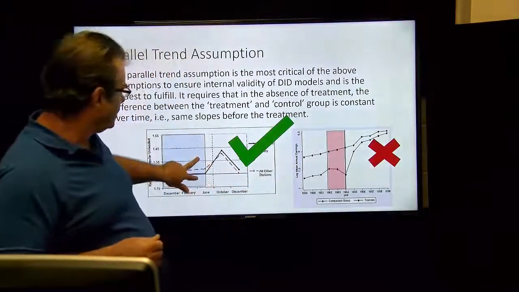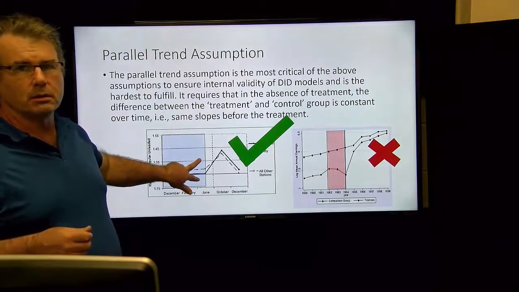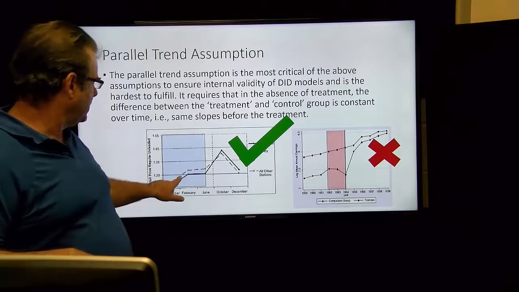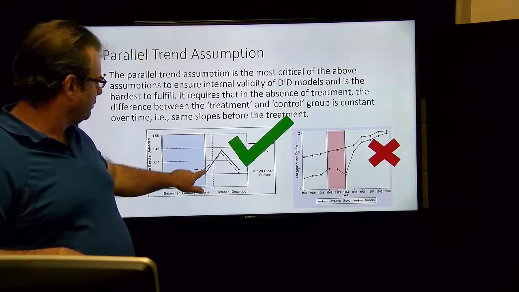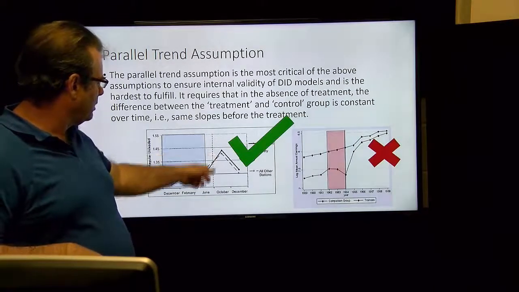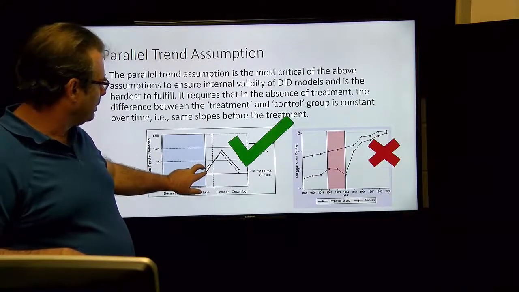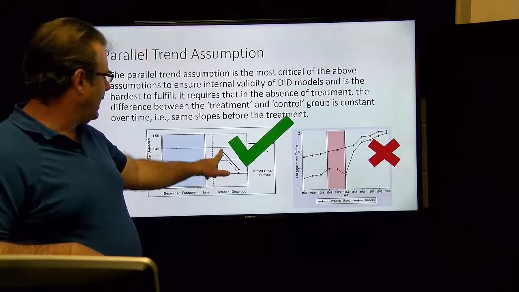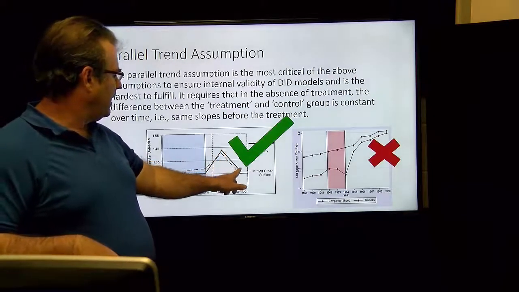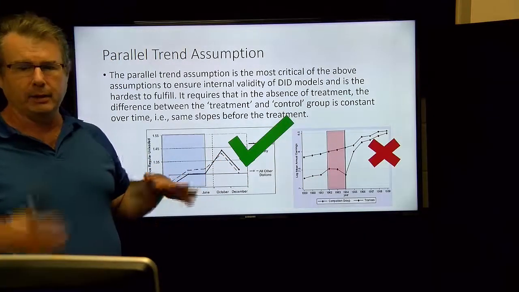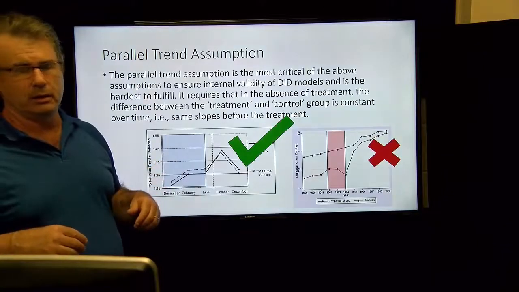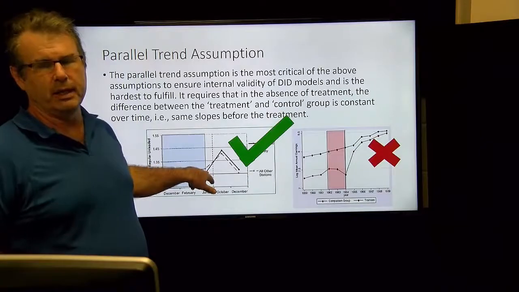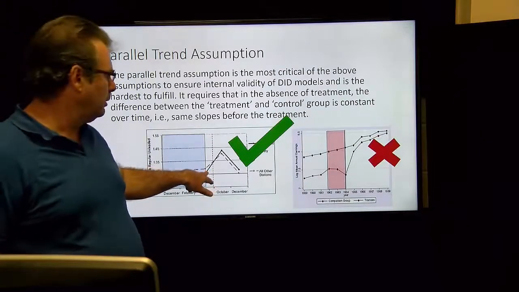This graph here satisfies the parallel trend assumption because you can see that there's close to a constant difference until the treatment occurs, and then after the treatment occurs, the slope changes for the dark black line, and then they go back to being parallel again, but they're on opposite sides of one another. And so this treatment changes the level of, but not the slope of, the outcome variable.